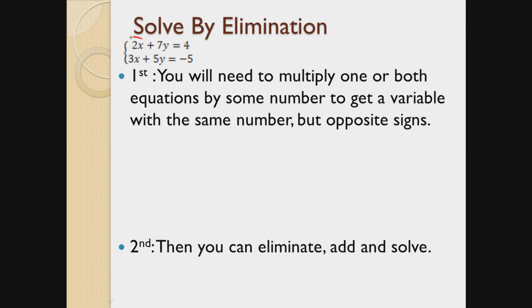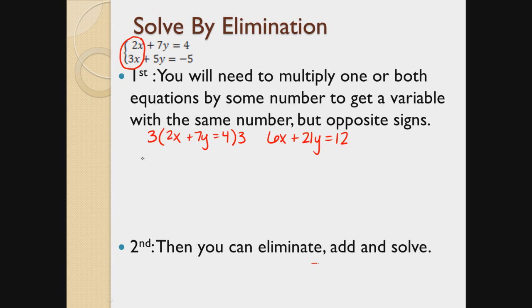I'm going to choose to eliminate x. To do so, 2 and 3 can both become 6 if I multiply them by each other. So if I take the first equation and multiply it by 3, I will get 6x plus 21y equals 12.